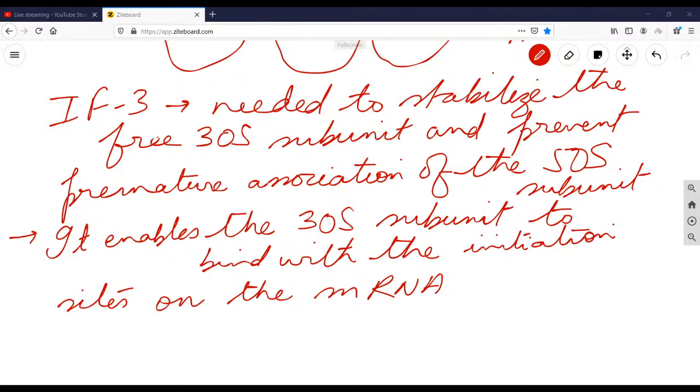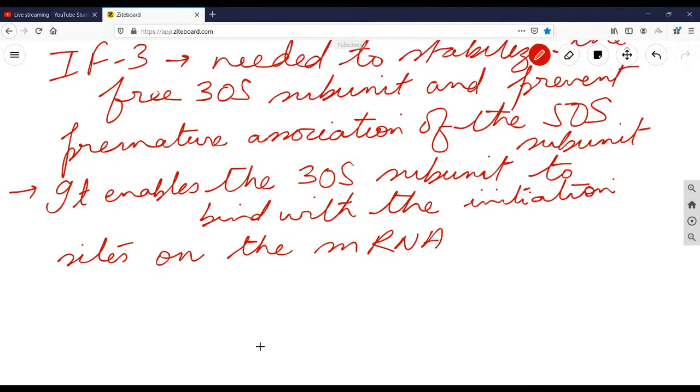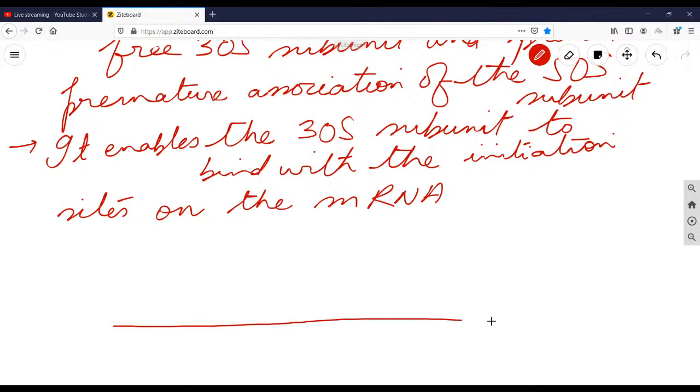Now, these transfer RNAs have anticodon sequences, which are complementary to the codons present in the mRNA. I had explained the genetic code to you. If you remember, suppose this is the mRNA, and it contains AUG, CAG, triplet coding.